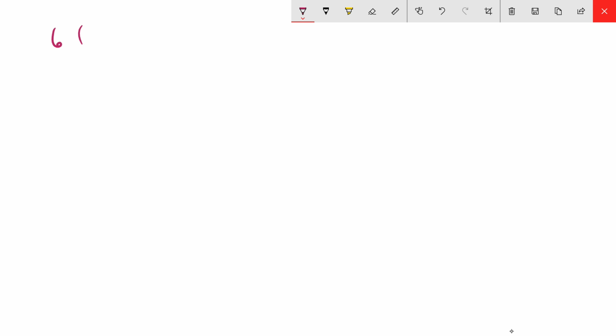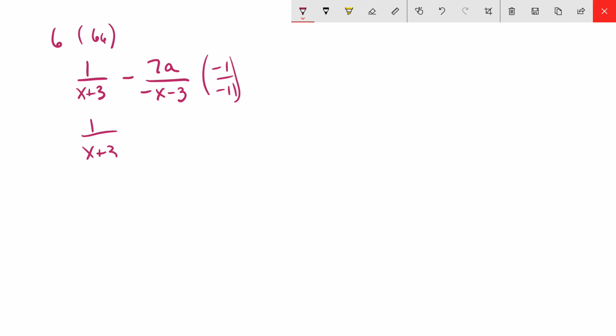This covers a concept from 66, which we did last week. All right? If I'm looking at this, 1 over x plus 3 minus 7a over negative x minus 3. We talked last week about multiplying the top and the bottom both by negative 1 in order to change that. So I've got my 1 over x plus 3.